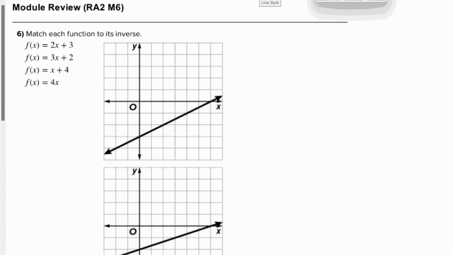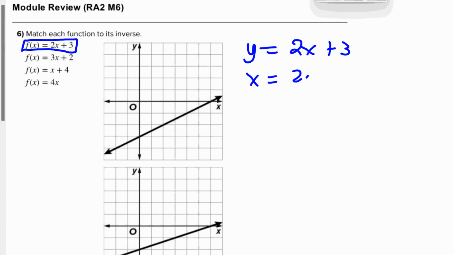Okay, and then on this one, number 6, we're matching the function to its inverse. So we're just going to draw lines which function equals what, or the inverse, right? So here, if we have this equation right here, then the inverse of that, I switch f of x to y. Then I'm going to switch my x's and y's.